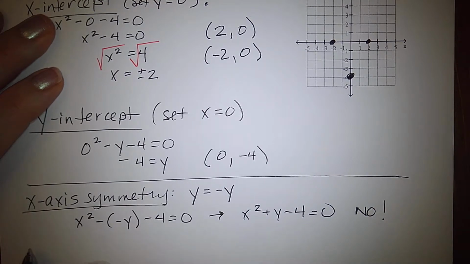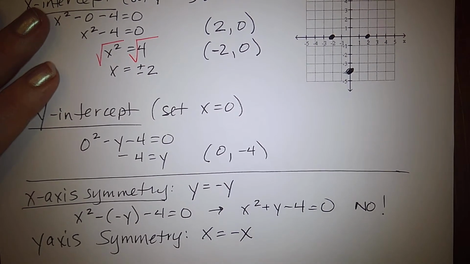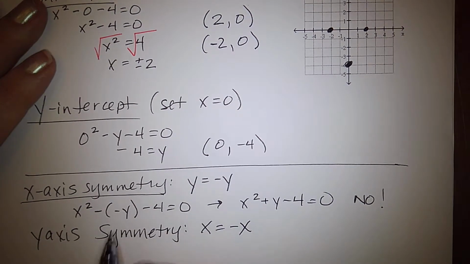So let's now try y-axis symmetry. To find y-axis symmetry, we take the opposite letter and set it equal to its negative version. So when we plug that in, we find negative x squared minus y minus 4 is 0.